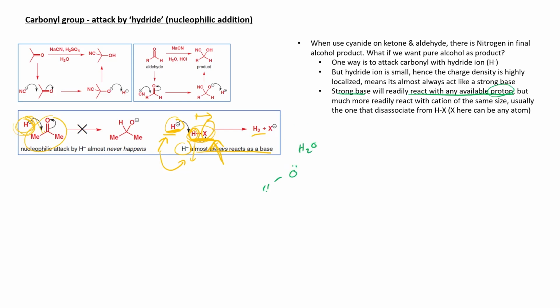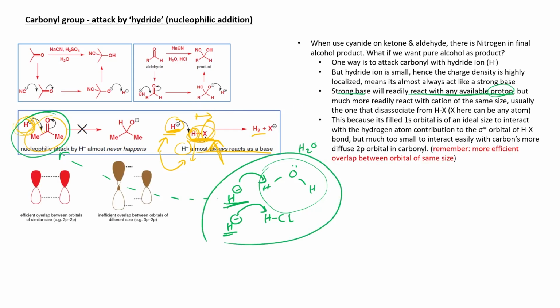You have O and then you have H. This hydride can also attack here. So it will already be consumed, so there is not enough left to attack this thing. It's consumed first by the water or by the acid. Let's say you have acid, the hydride will attack that too. So there's not enough hydride to attack the big stuff like the ketone or aldehyde.